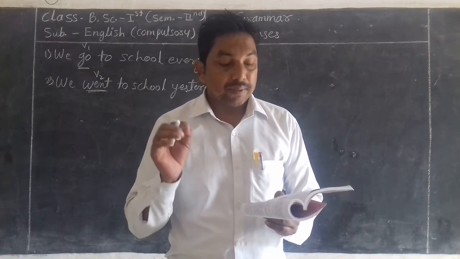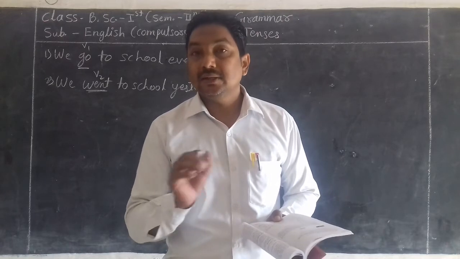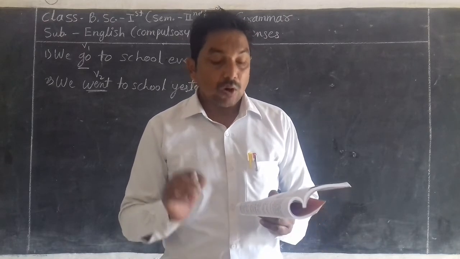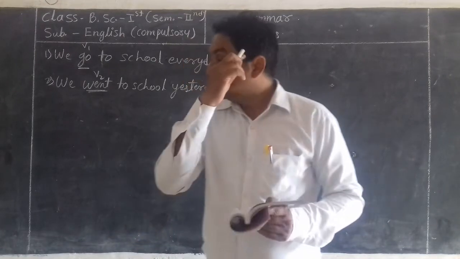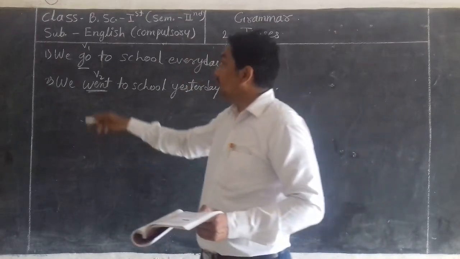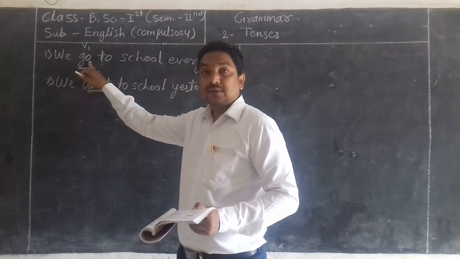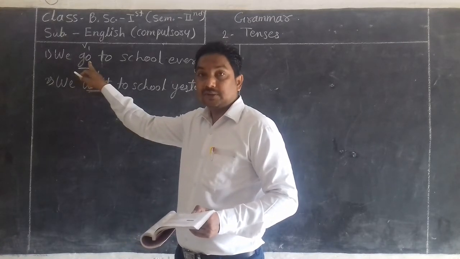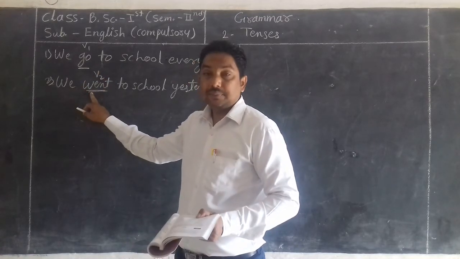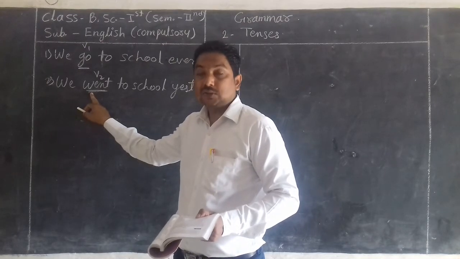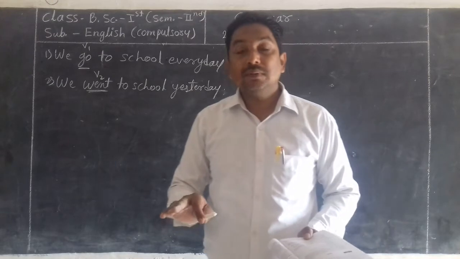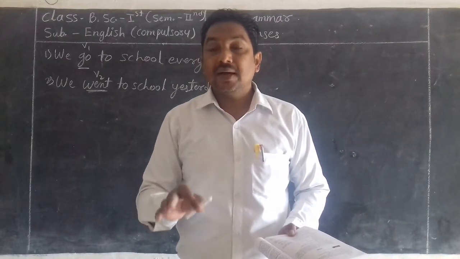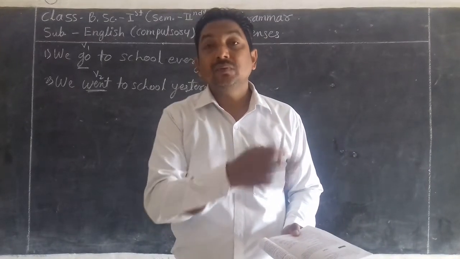There is no separate tense or separate form of the verb available for that. If there is V1, we understand the action is happening in the present tense, V2 the action happened in the past tense. But in the same way there is no form of the verb that will indicate that the action will happen in the future.